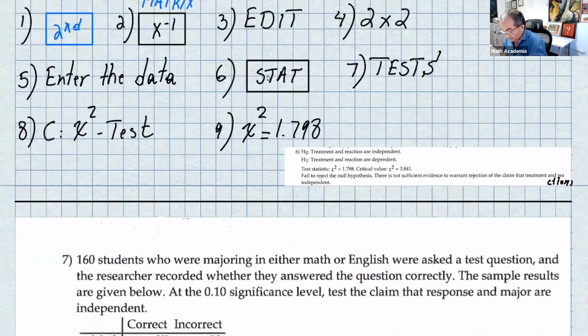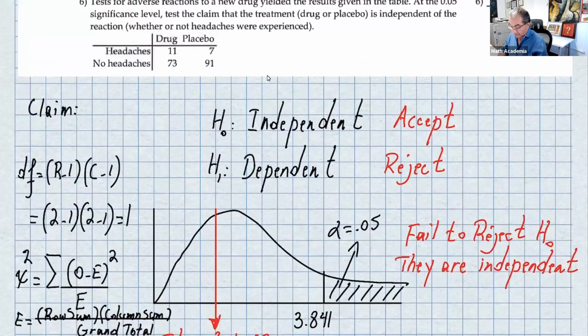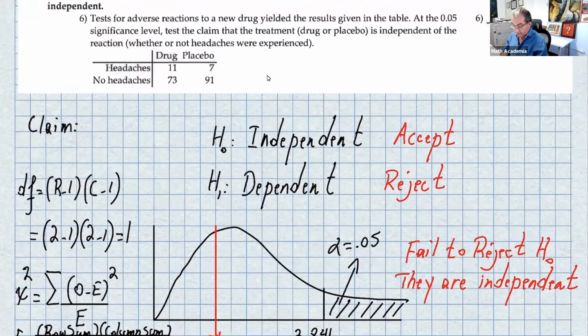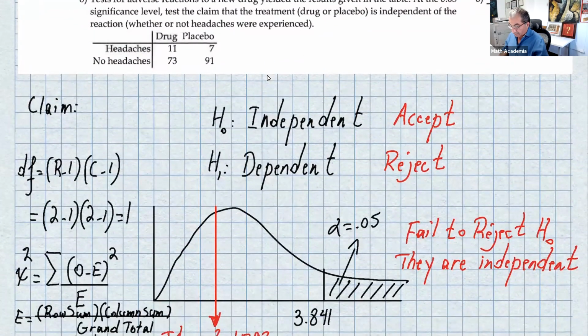If you read the solution here, it says the treatment and reaction are independent for H0, and treatment and reaction are dependent for H1. Now, contingency tables, we always deal with a right-tail chi-square test.